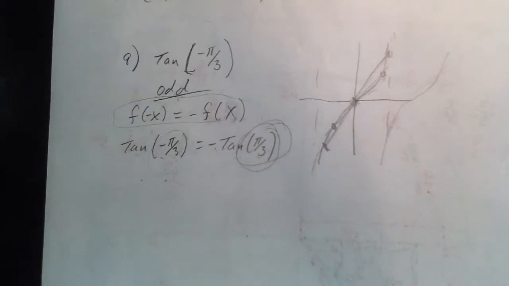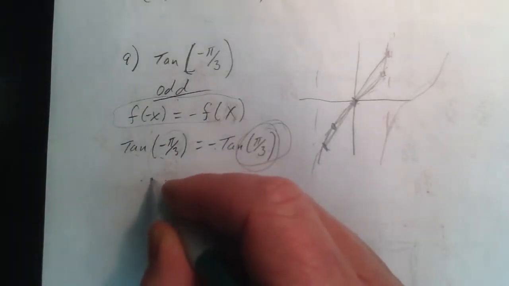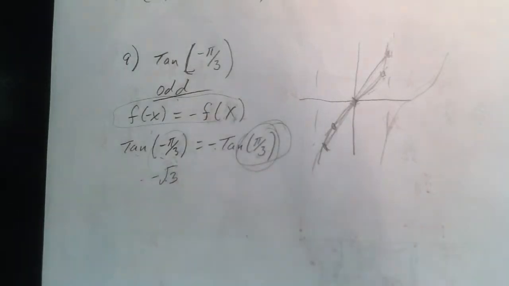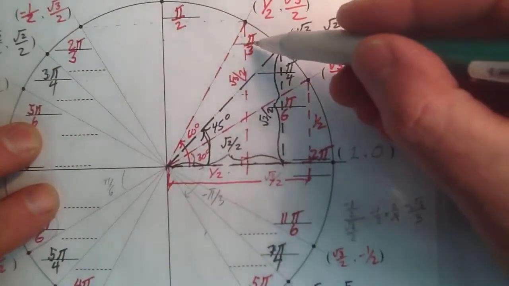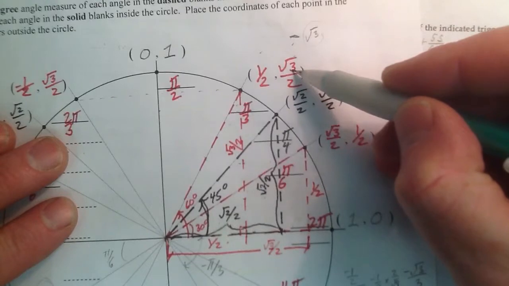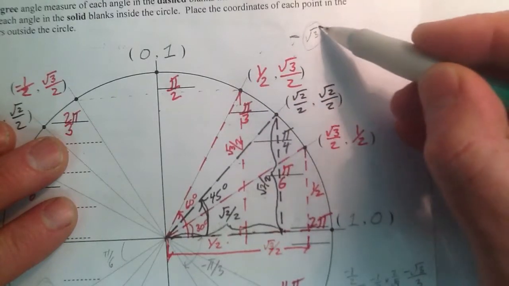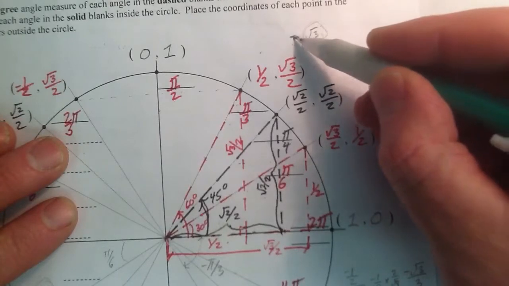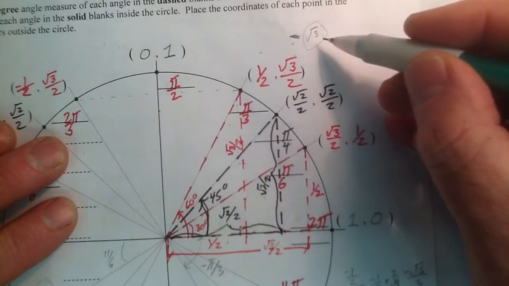Let's see if that's true. We've already evaluated this, and we got negative root 3. Let's take the tangent at pi over 3 and see what we get. We get opposite divided by adjacent, which is root 3. Since it's an odd function, we take the negative of it. Same answer, a lot of headache.